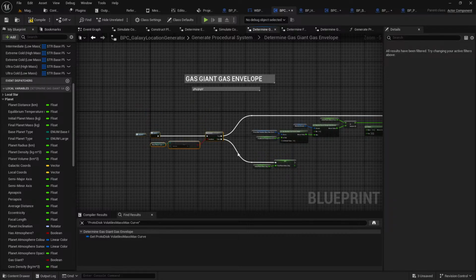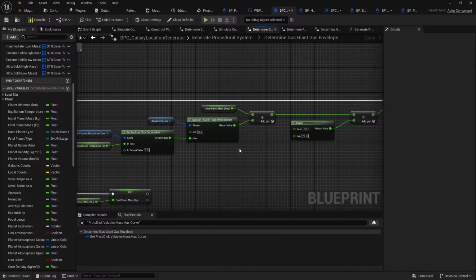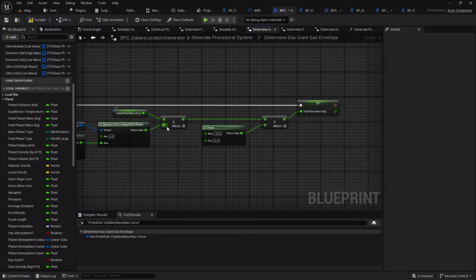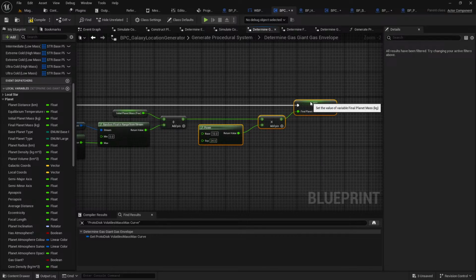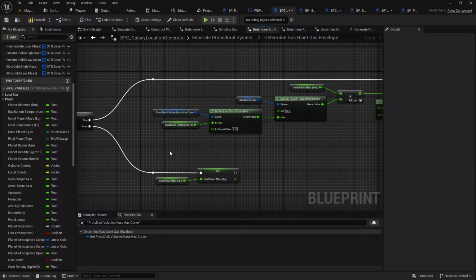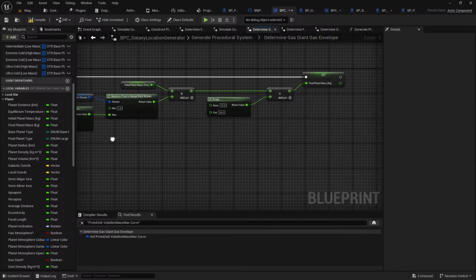Tidy that up a bit. Yeah, so if we're a gas giant, then we use our curve to determine how much of a gas envelope we have in kilograms. If we are not a gas giant, then our planetary mass is essentially just the rocky bit. We'll add atmosphere on top of this afterwards.